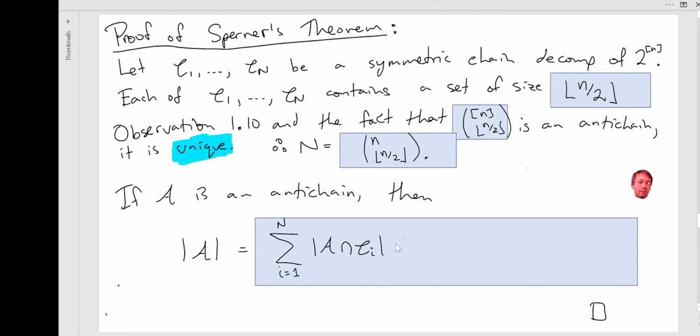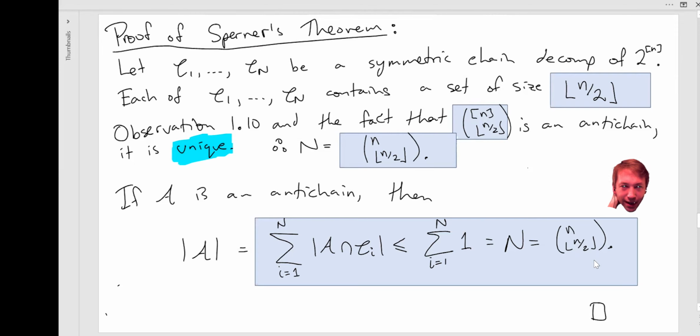But remember, if I have an antichain in a chain, they can only contain one common element at most. So actually, each of these summands is at most 1. And of course, if I add up 1 N times, I get N, which is n choose n over 2. So that's exactly the inequality we were looking for. So we get the bound that we were hoping to get.